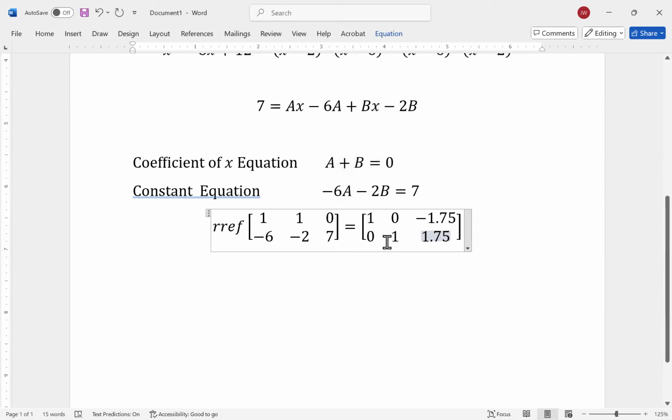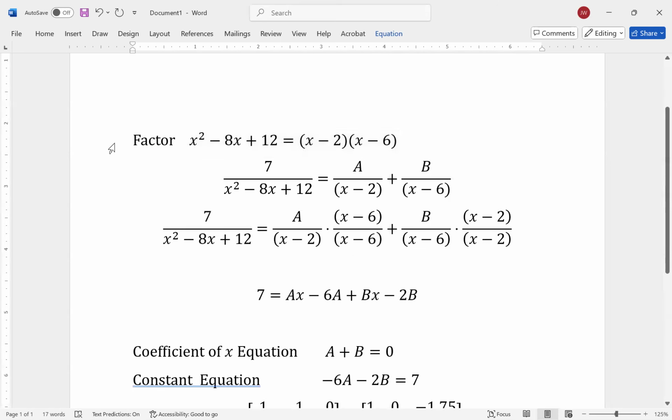And then if you take negative 6 times negative 1.75 minus 2 times a positive 1.75, you do in fact get a positive 7 there if you plug those in. So the short of this story is that A has to be negative 1.75 and B has to be a positive 1.75.